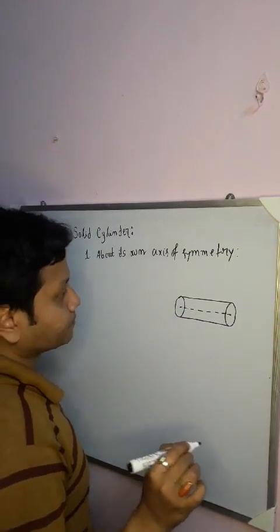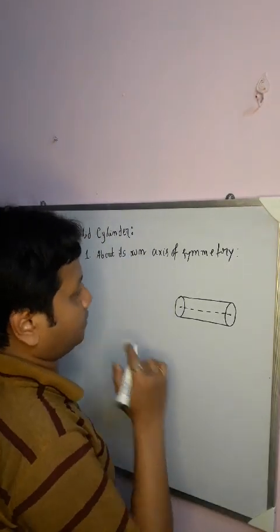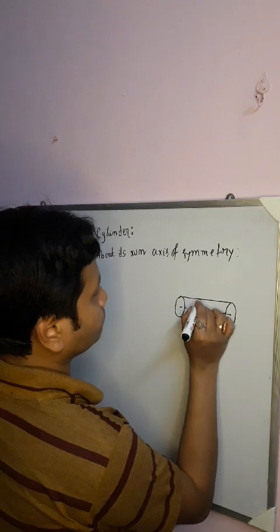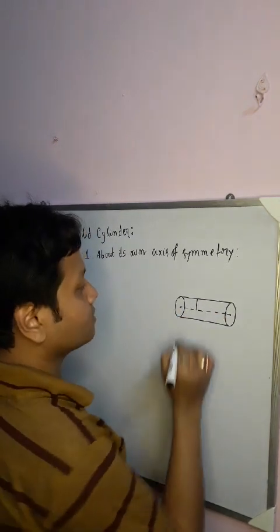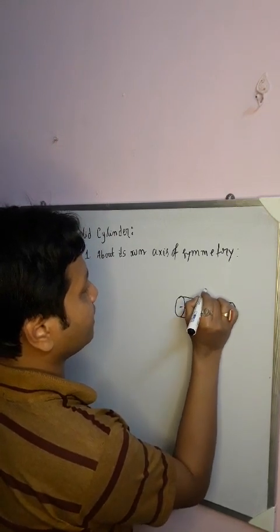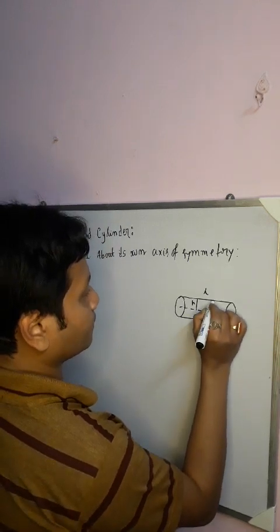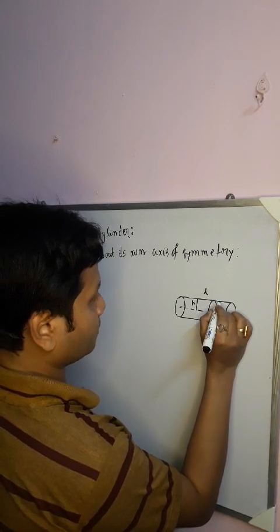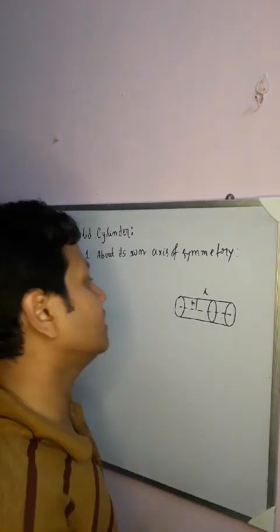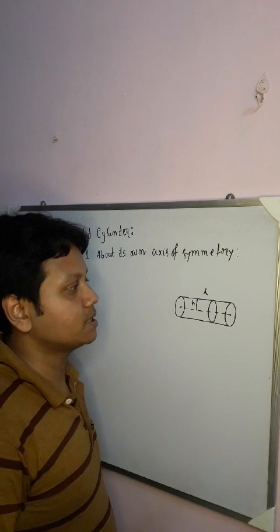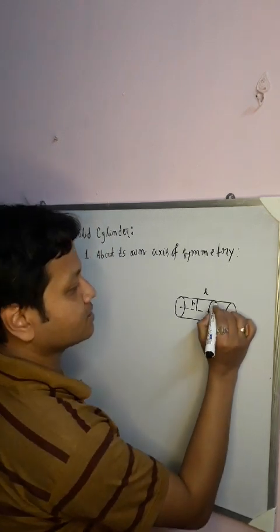Now, if we assume that the radius of the cylinder is r and its length is l, the cylinder is composed of a large number of circular discs piled one above the other.